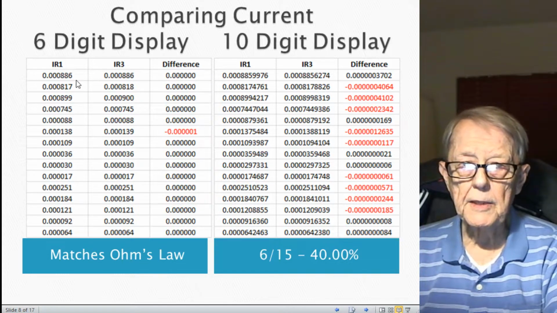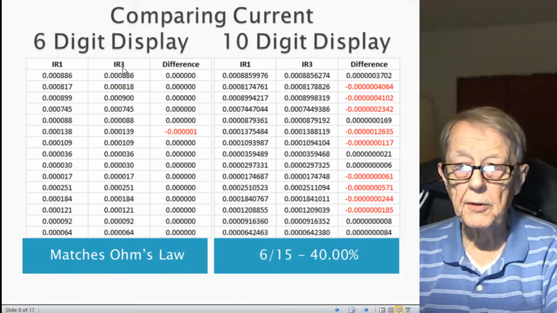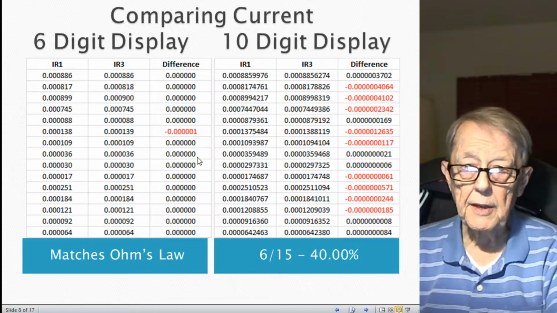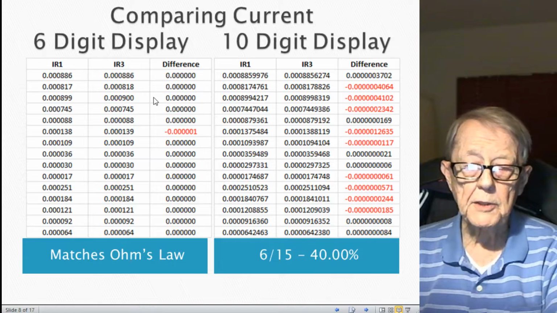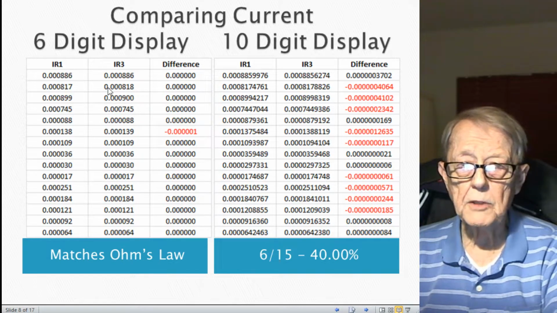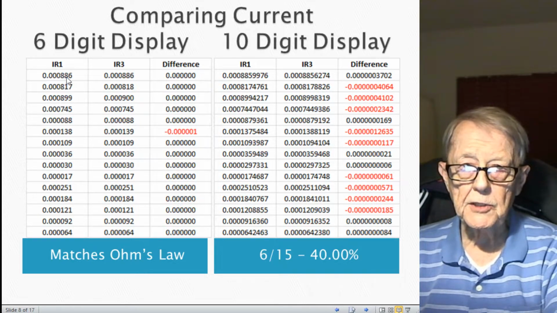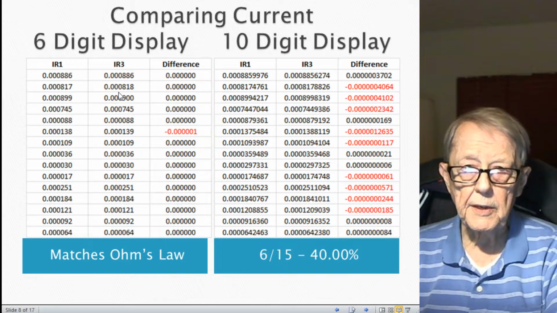Well, this is the current through IR1, which is supposed to be greater than IR3, and this is the difference, and it should all be positive. Well, in this case, they are all positive, but what I did was I forced the spreadsheet to only display 6 decimal digits. So the significant digits I'm looking at are here, the lower 3 digits.